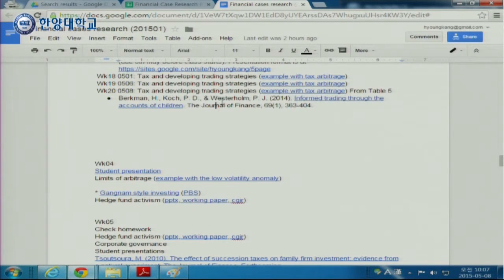If Kevin wants to trade with me, Kevin should hire someone like Laura to visit my office on his behalf. Okay, please go to Professor Kang's office and buy those stocks for me, something like that. Camouflage his identity. So a children account can be used in that way to camouflage the true identity of the trader.